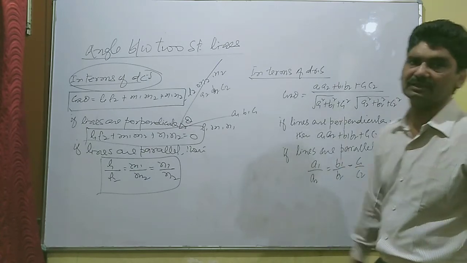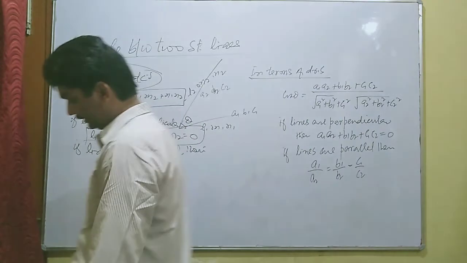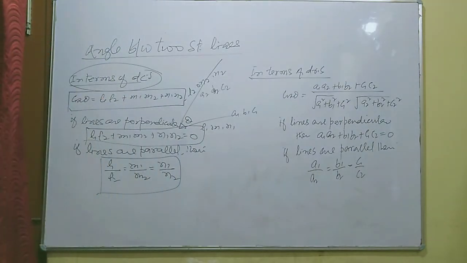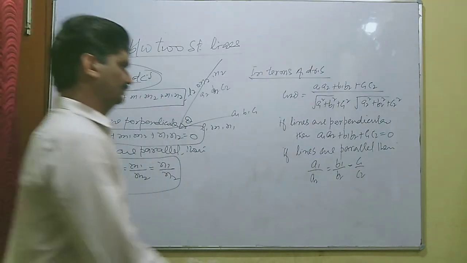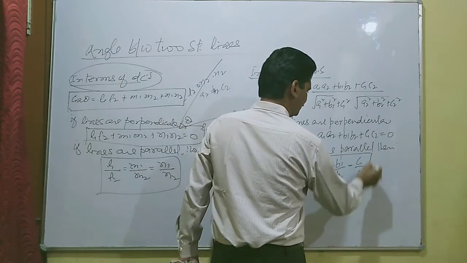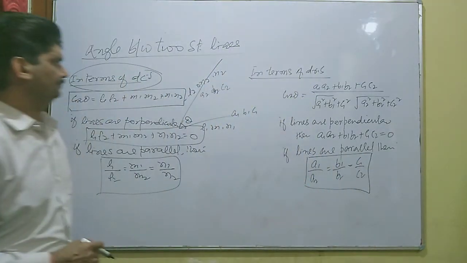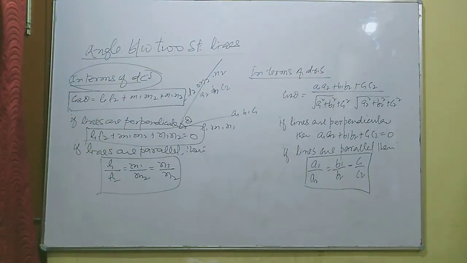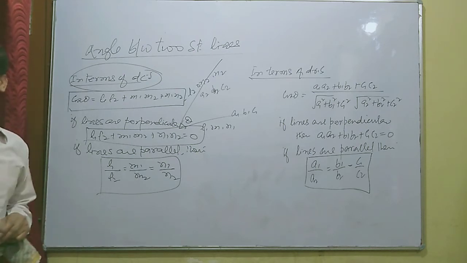This is the condition of collinearity and also parallelism. So this is a very important formula for further study: the angle between two lines in terms of DCs and DRs both. Either of them being given, we can find the angle between the given lines.